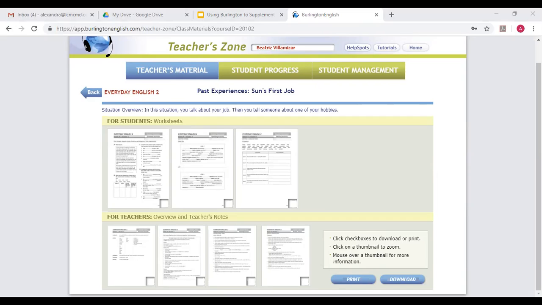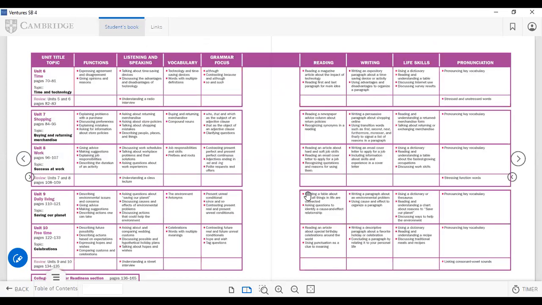So this is, again, like I mentioned, for level 2. Now let's talk about Ventures 4, which is the advanced level. For the advanced level, I was looking at the different units and grammar points that I have here.